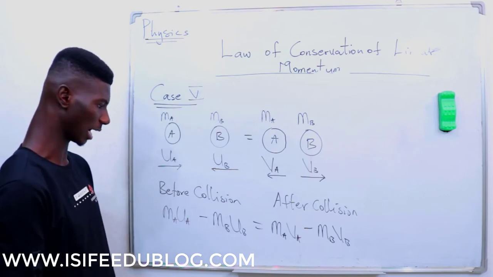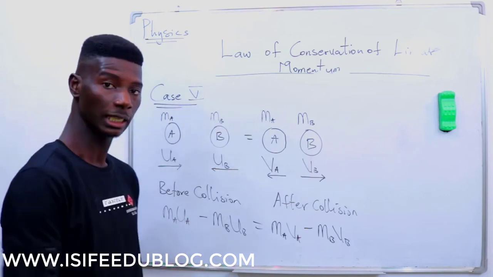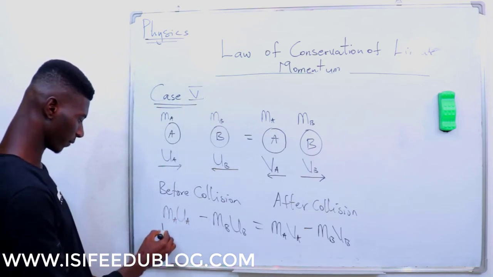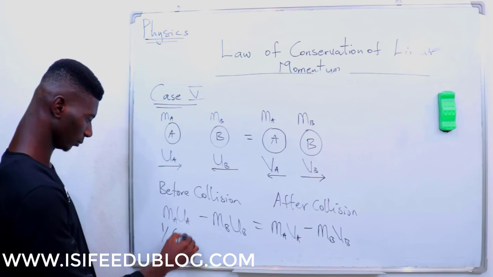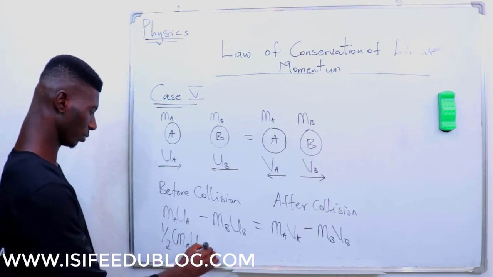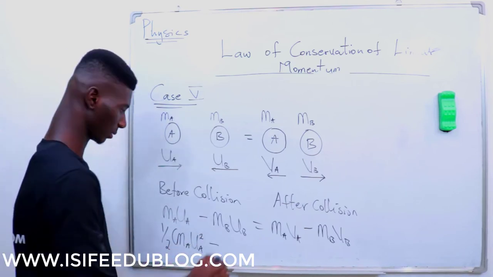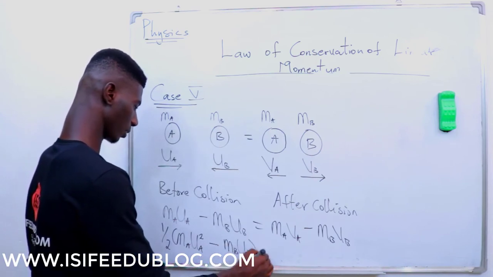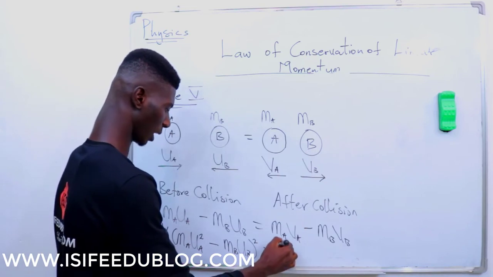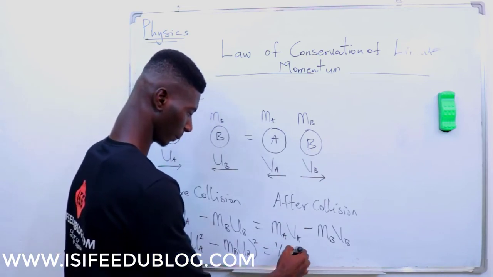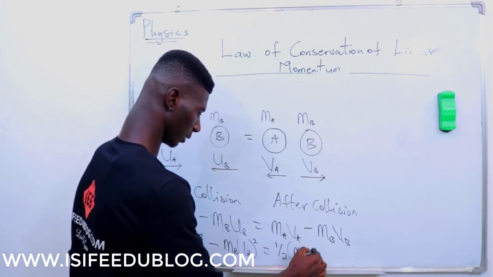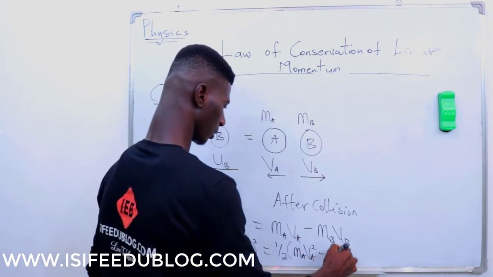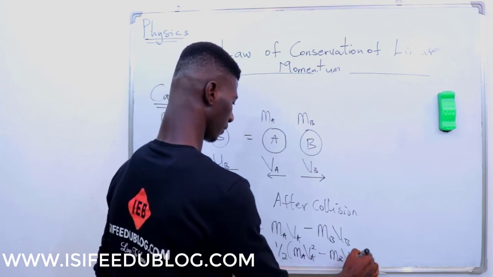Before we treat another case, the kinetic energy. The kinetic energy here will give us half MA UA squared minus MB UB squared. That is equal to half into MA VA squared minus MB VB squared.